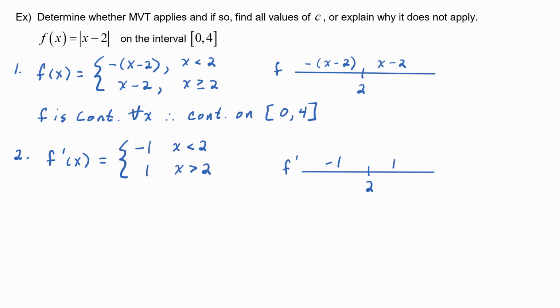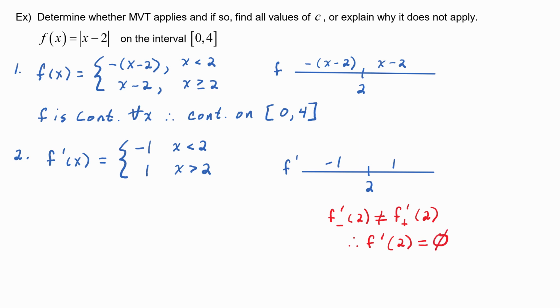But we notice that the derivative coming in from the left of 2 does not equal the derivative coming in from the right at 2. That means f prime of 2 does not exist.